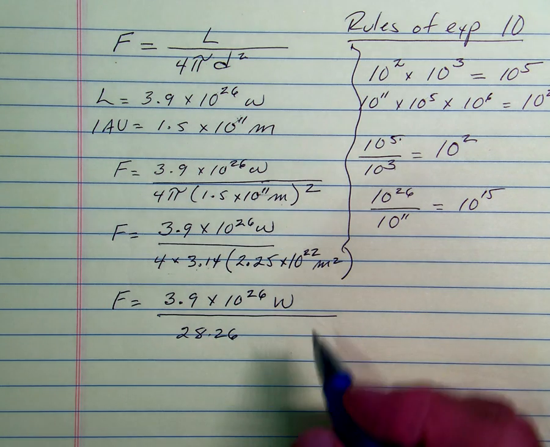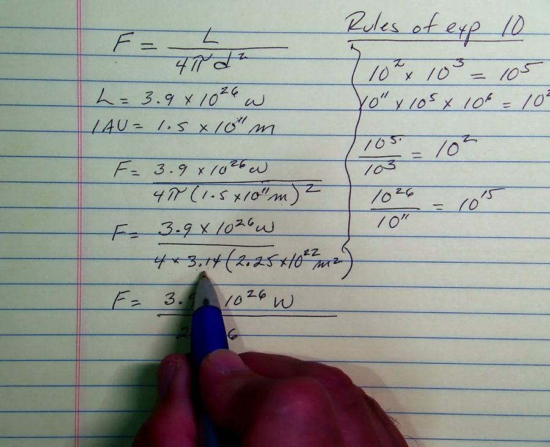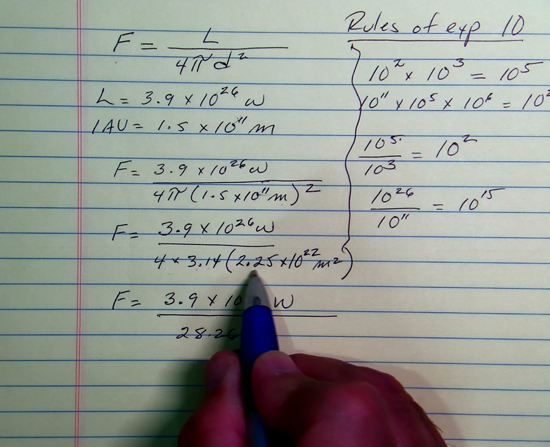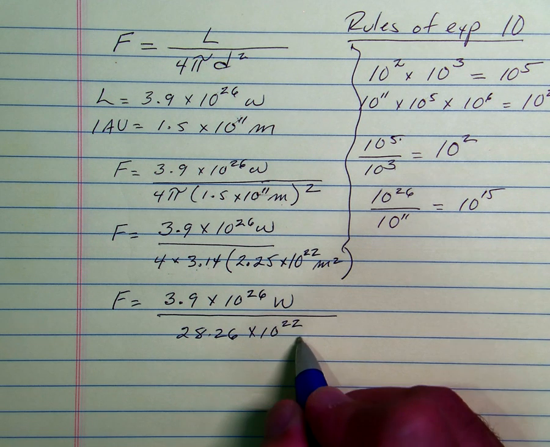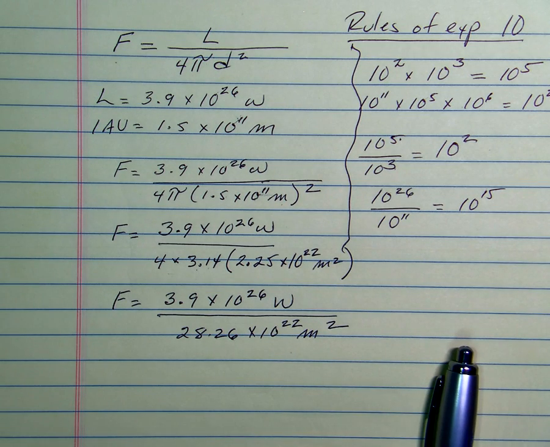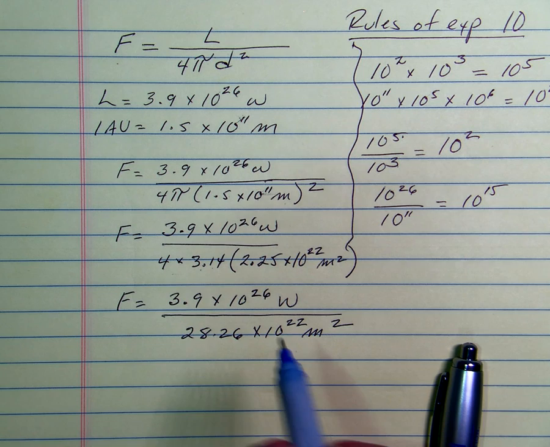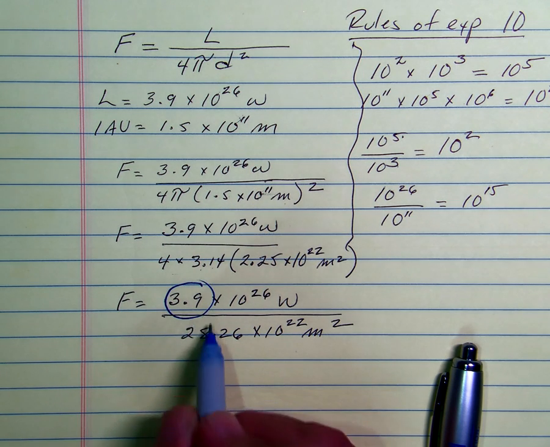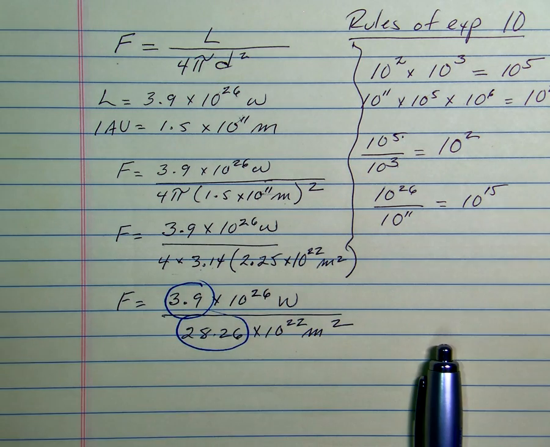Now I'm going to leave the rest the same: times 10 to the 22nd meters squared. Now all I need to do is the division of this number and this number, and then we'll take care of the exponents on 10.